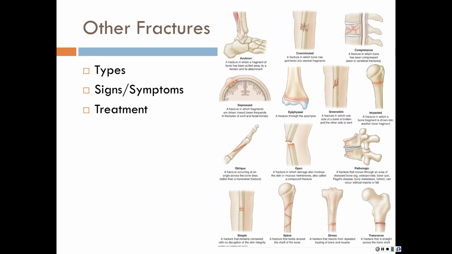Remember that if you're putting on some sort of a splint, say you decide to work in the ER or an urgent care clinic, you want to do neurovascular checks before and after splinting. We want to make sure that we're not causing any harm.